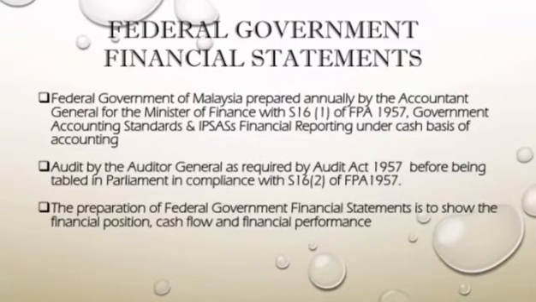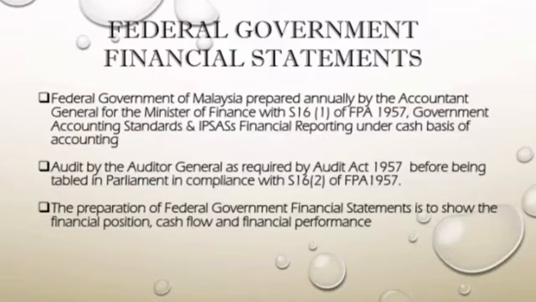After that, the financial statements are then audited by the Auditor General as required by Audit Act 1957 before being tabled in Parliament in compliance with Section 16 Clause 2.